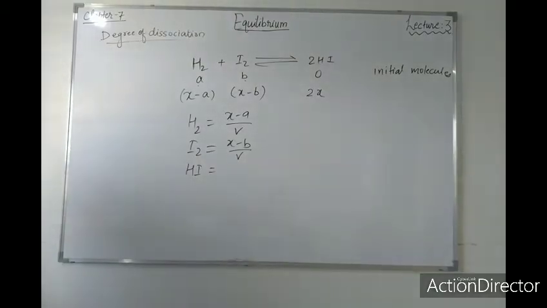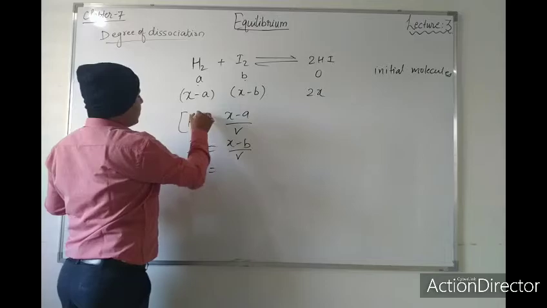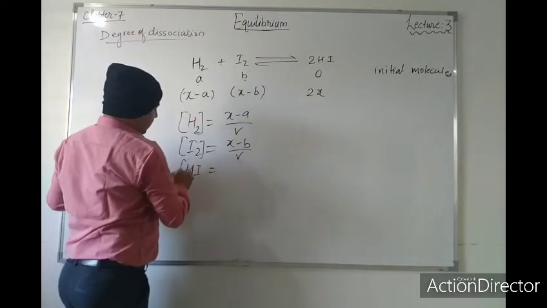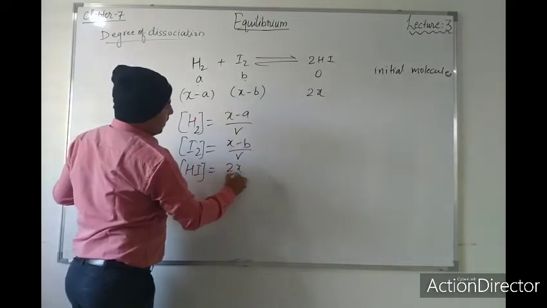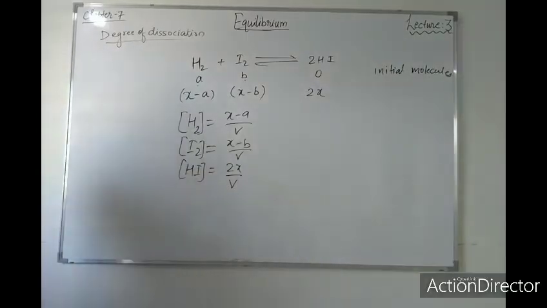It's 2X by V. So as you have seen, these are the active masses of hydrogen, iodine and hydrogen iodide, right?